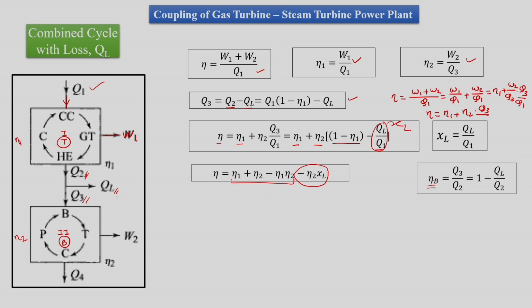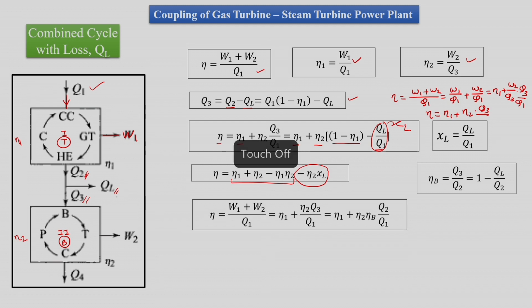So, this eta is as if we are running a cycle that has an efficiency operating between Q2 and Q3, or we can also say this is an equivalent loss coefficient which is equal to 1 minus QL upon Q2, since Q3 is equal to Q2 minus QL. So, 1 minus QL upon Q2 is equal to eta B.